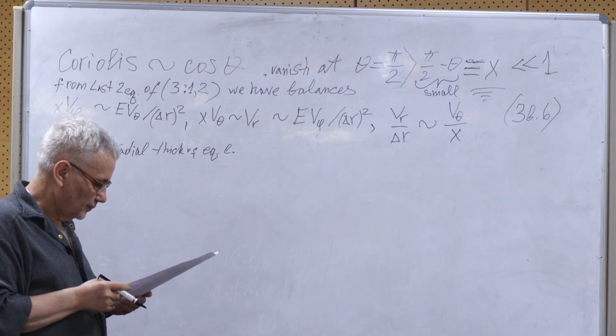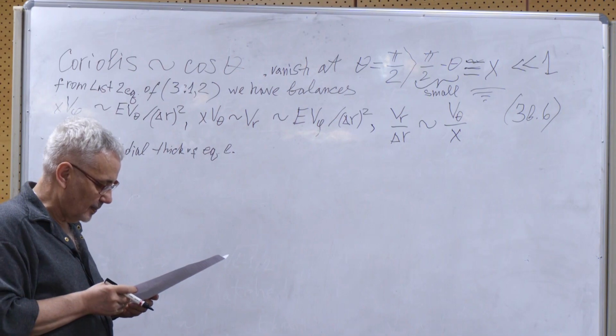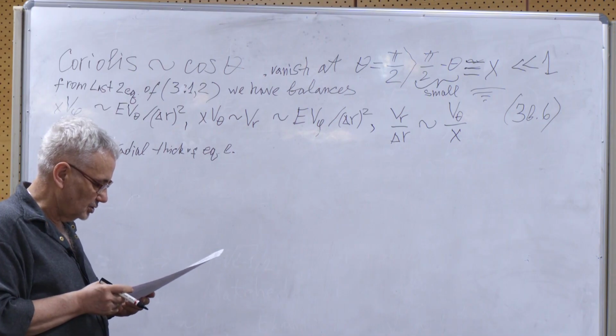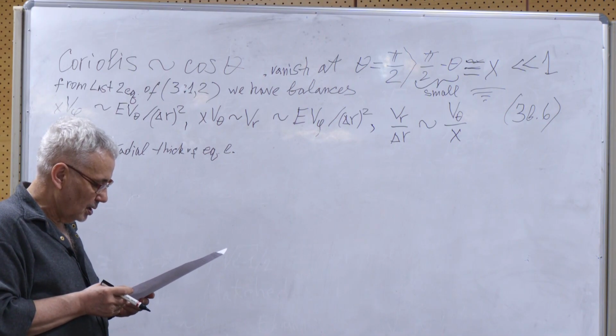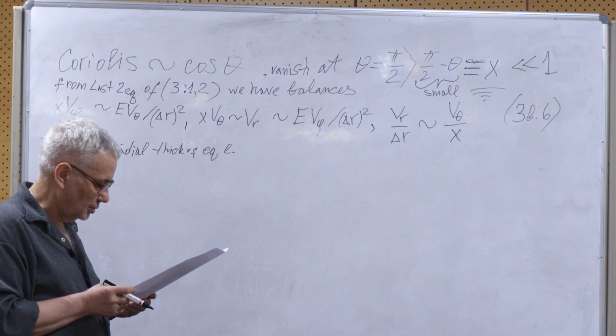And the first balance is obtained from the latitudinal equation 3.1 under the consideration that the decreasing Coriolis force remains compensated by the radial component of the viscosity.